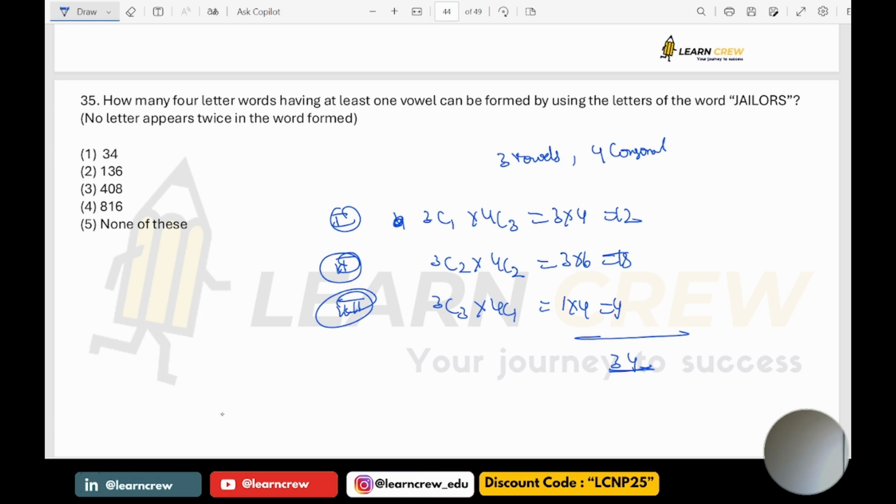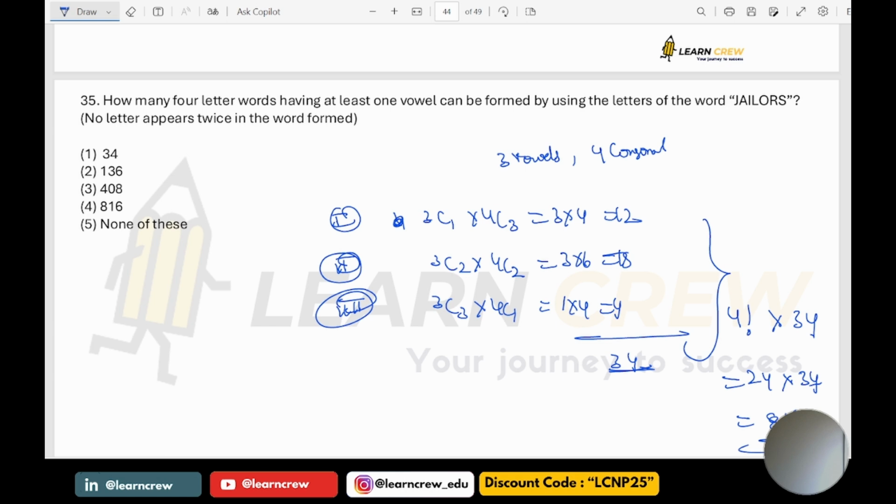So the number of ways in which these 4 letters can be arranged within the word is again 4 factorial. Thereby 4 factorial into 34, which is 24 into 34.